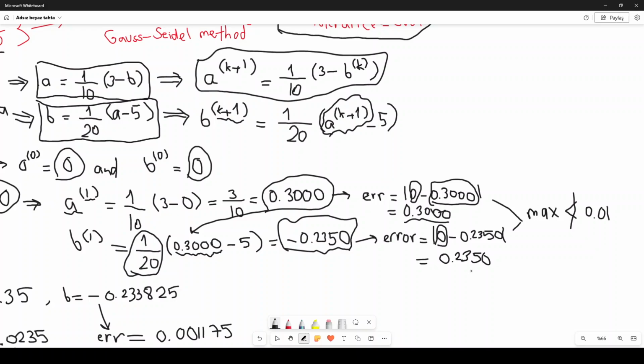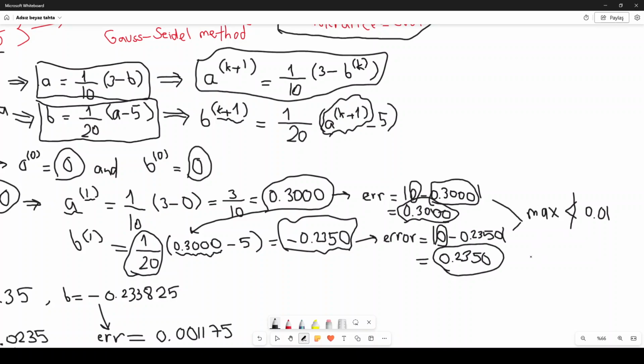And what we see here, okay, we have 0.3 error for a, and we have 0.23 error for b. And then I just take the maximum of this, which is actually called the infinite norm, if you remember. And why do I take the maximum of this? Because if the maximum of these errors is less than the error tolerance we just assumed, then the other errors should also be strictly less than the error tolerance, right? That's why we take the maximum of these errors.